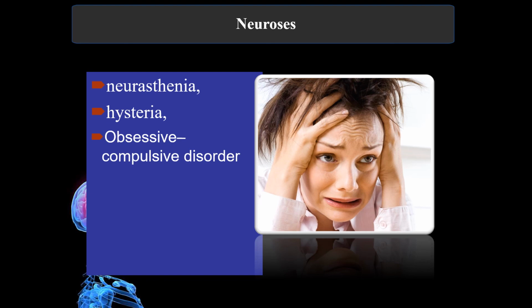Here the analysis and synthesis of the stimuli take place, and the body is adapted to the external environment. Neurosis is a functional disorder of higher nervous activity, and this is based on the disturbance of balance between excitation and inhibition in the cerebral cortex, and also disturbance of the first and second signaling systems.